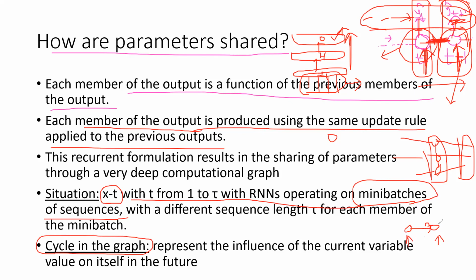Obviously, I'm going feed forward, but there is a specific type of recurrent neural network in which I can also come back here. So then that creates a cycle. So it represents the influence of the current variable value on itself in the future. So if there is a cycle, I am able to determine कि यार ये जो variable है ये आगे future में जाके इसका क्या बनेगा, ठीक है, क्योंकि ये future से input पीछे आ रही है.